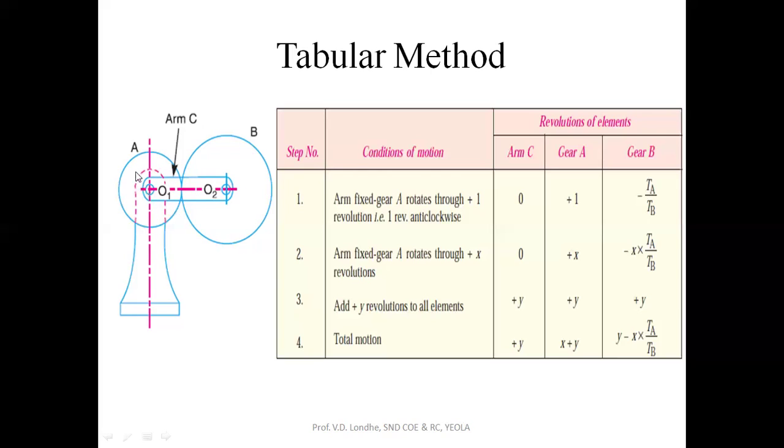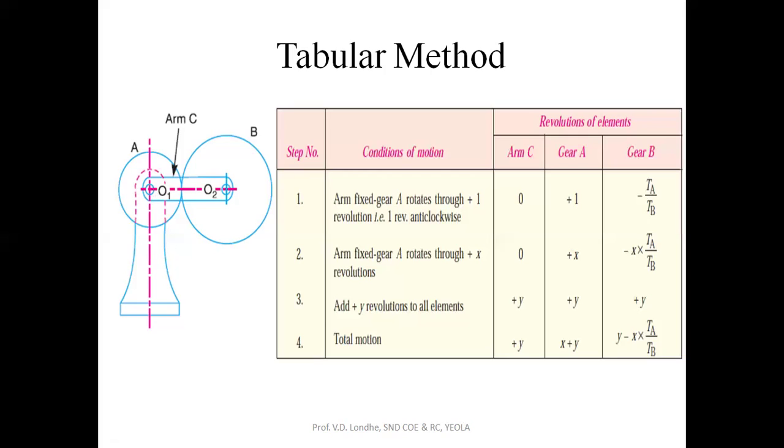If you give clockwise motion to gear A, then gear B will have anti-clockwise rotation, and the arm is free to rotate. The arm will also rotate about the fulcrum point O1. This is the basic difference for the epicyclic gear train as compared to simple, compound and reverted gear trains.